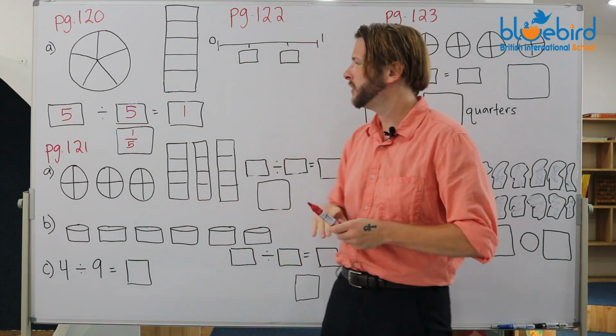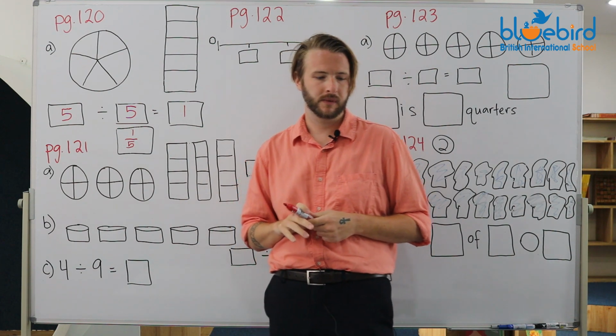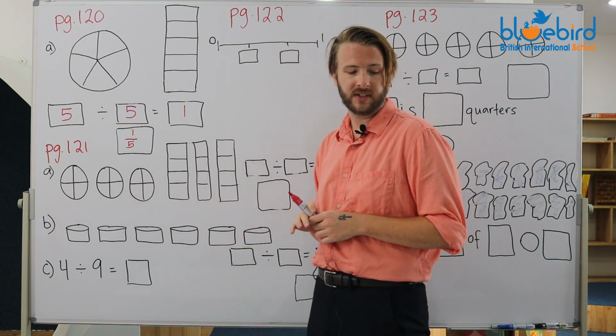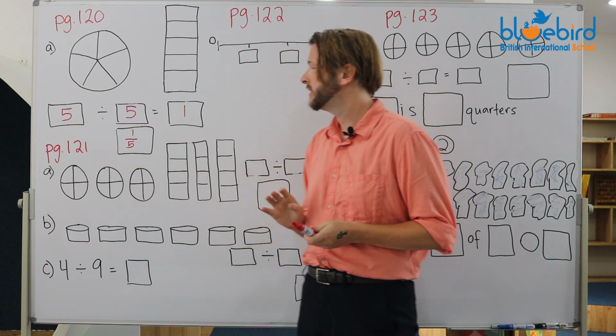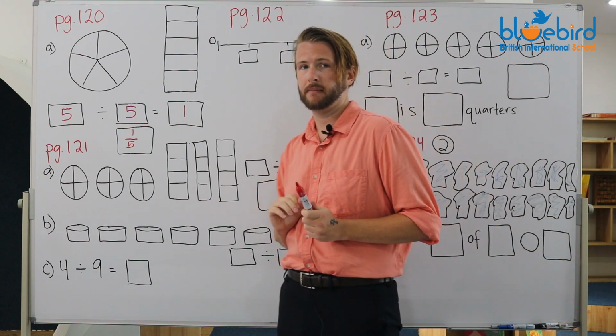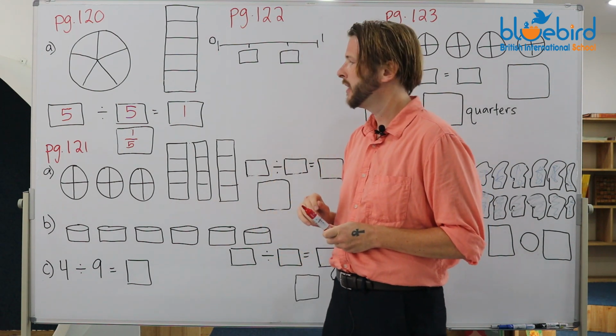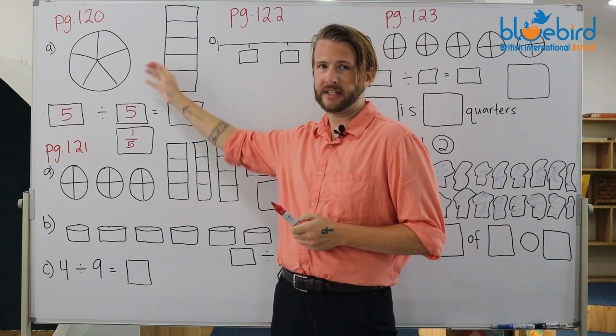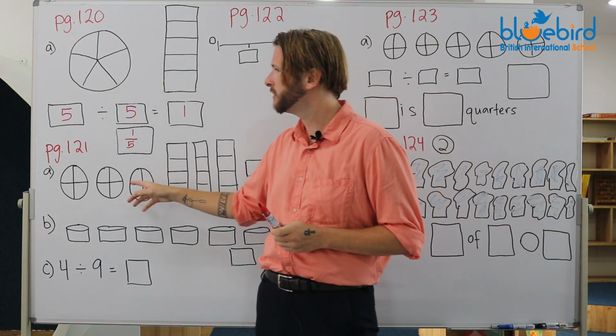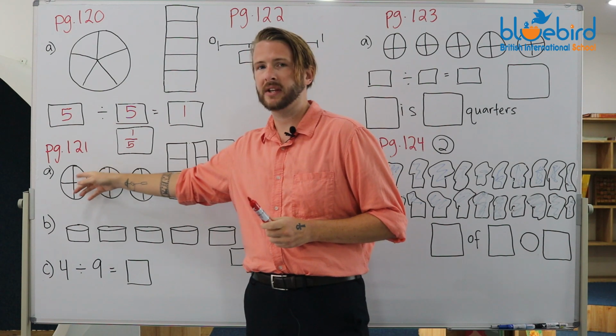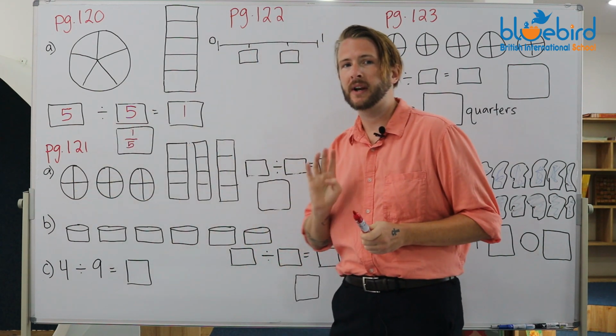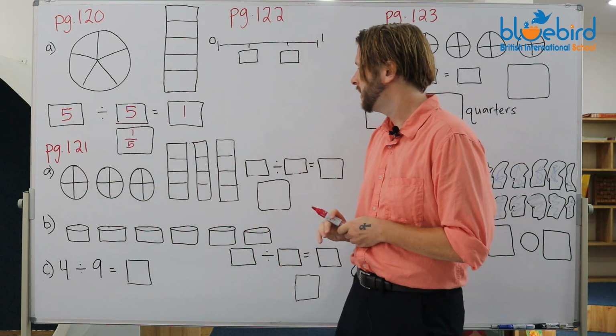Let's go on to page 121. Letter A says 4 girls now share 3 pizzas equally. So we're going to take the same idea. We're going to split each pizza into 4 equal pieces.